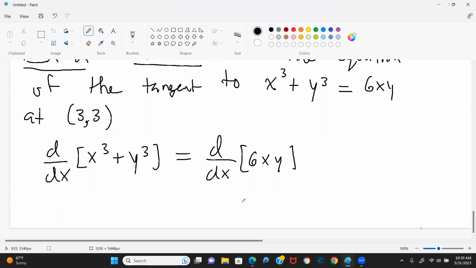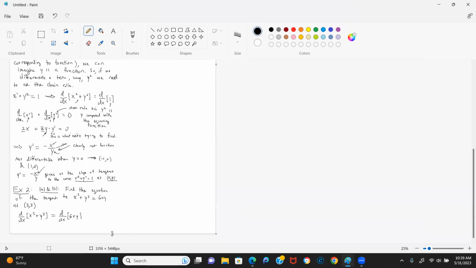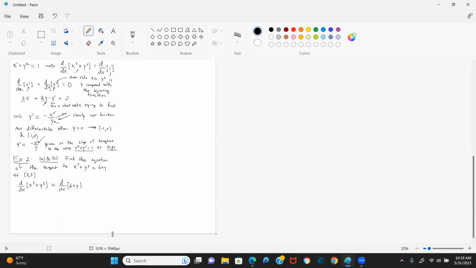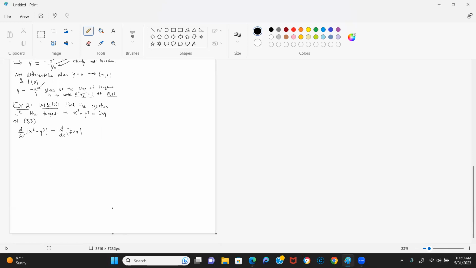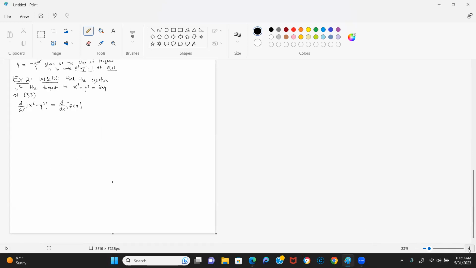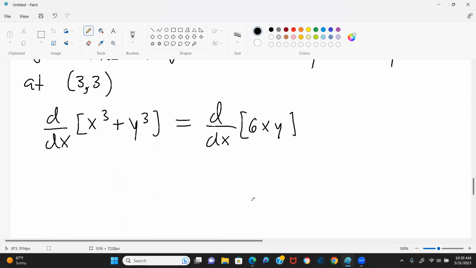All right, so now I can use linearity of the derivative. In fact, it's a linear operator, so I can differentiate each term individually. When I differentiate x cubed, I get 3x squared. This is the power rule.